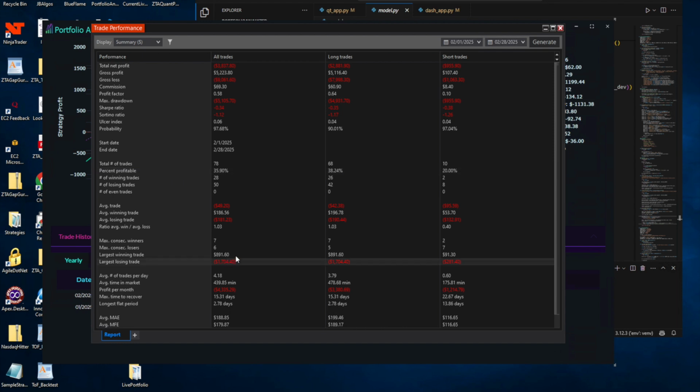Our largest losing trade is also very big. I remember this trade. This was a mean reversion trade where we tried to go long after a selloff on the hourly chart, but the market just kept dropping further and further. That particular system uses ATR stop losses, and it was just one of those things where we could have bounced, but we did not get the kind of bounce we were looking for, and we ultimately incurred a loss of over $1,000.